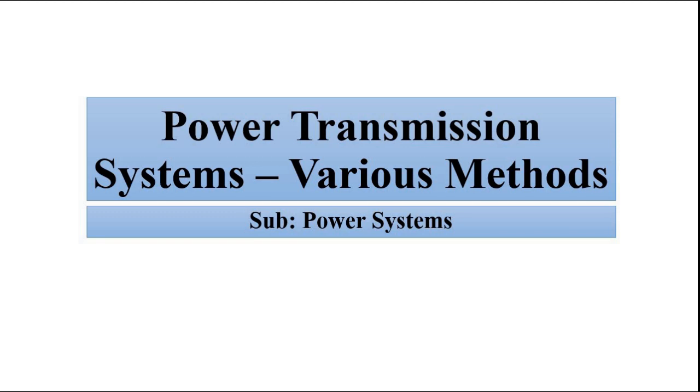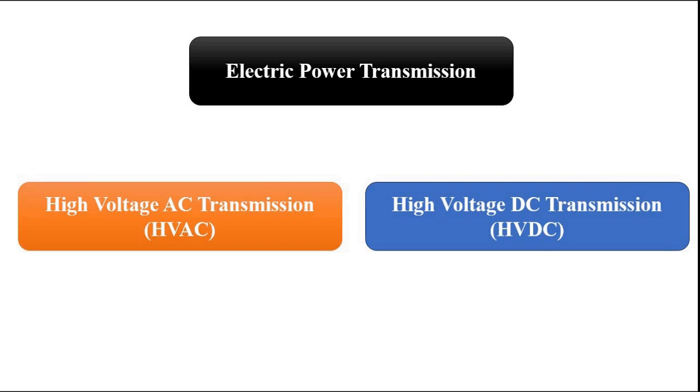So we'll continue our discussion related to power systems, particularly the power transmission systems. We have discussed the two main power supply schemes, power transmission methods: the high voltage AC transmission, HVAC, and the high voltage DC transmission.